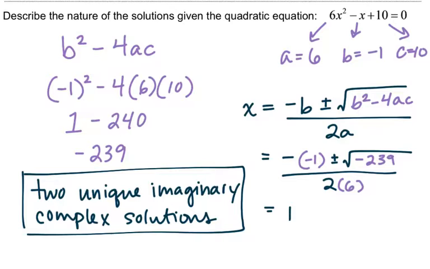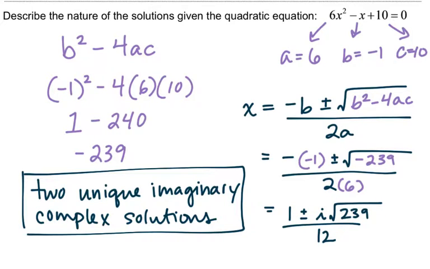So we have 1 plus or minus i root 239 over 12. And 239 is a prime number. We can't take the square root of it. We cannot simplify that anymore.